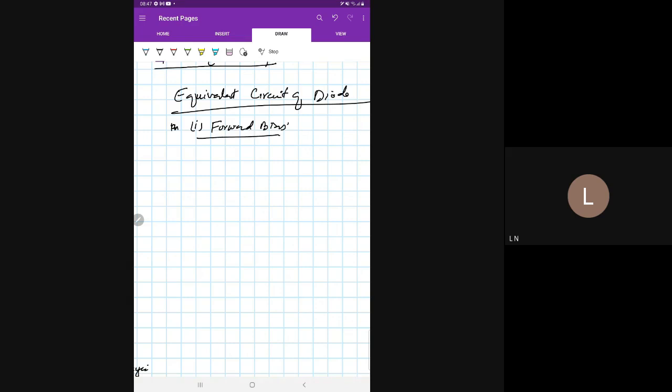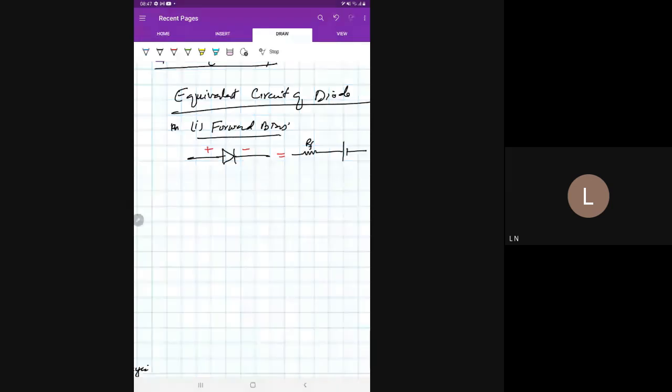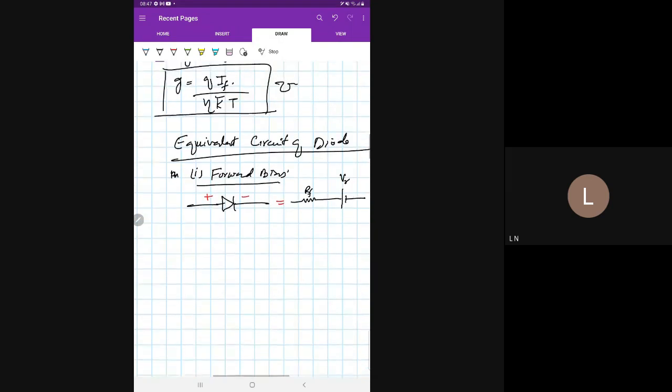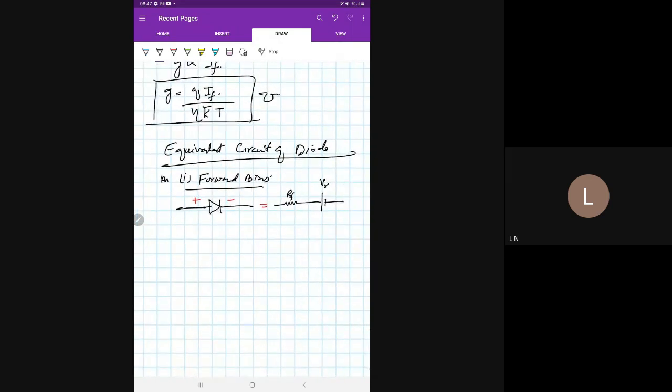In forward bias, a higher potential is applied on the P side and a lower potential on the N side. Then the equivalent circuit of the diode will be a resistor, which is the forward resistance R_F, in series with a voltage source V_gamma, which is the knee voltage. Because you know that in order to establish a current inside the diode, we have to apply a minimum potential.